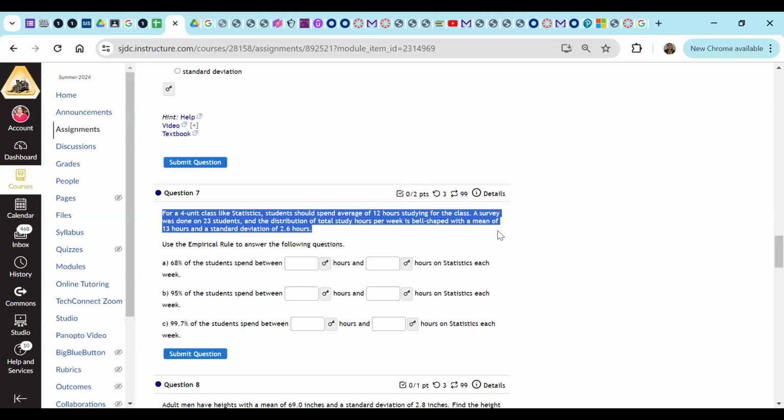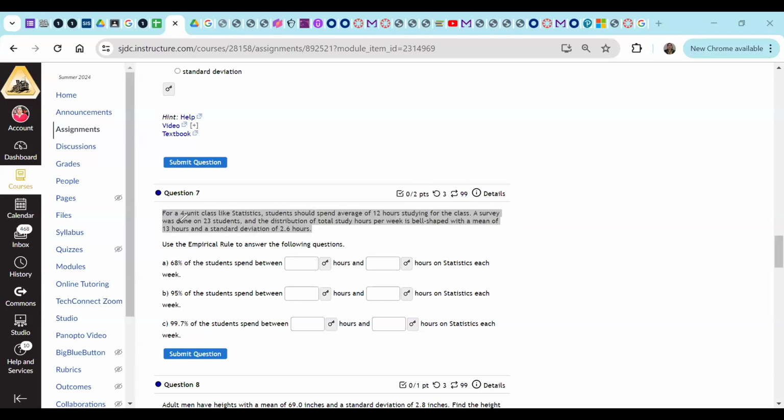Use the empirical rule to answer the following questions. So if the mean is 13 and standard deviation 2.6, they're saying 68% of the students spend between blank hours and blank hours on statistics each week.